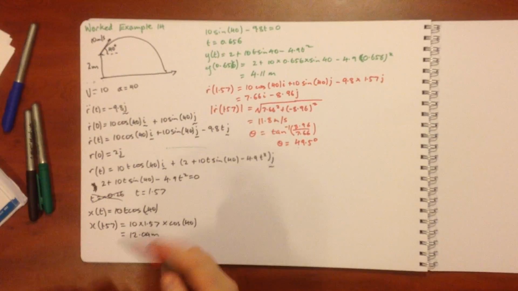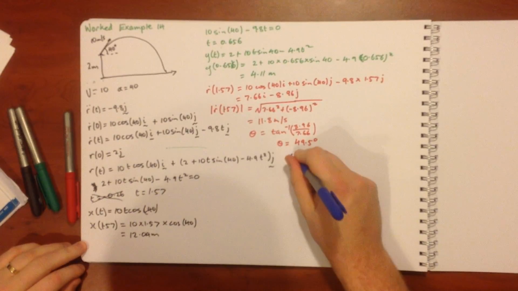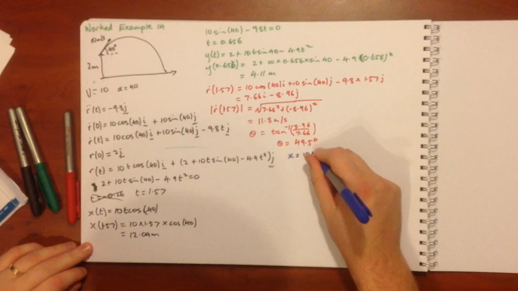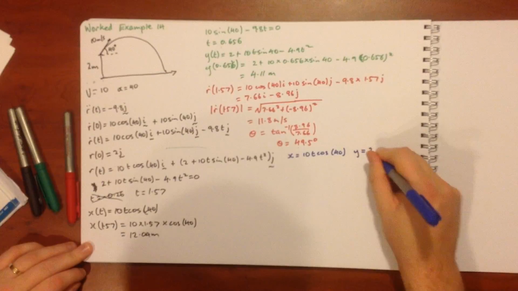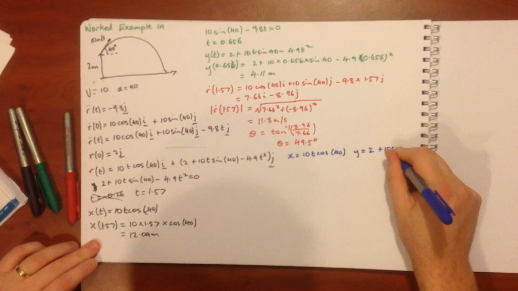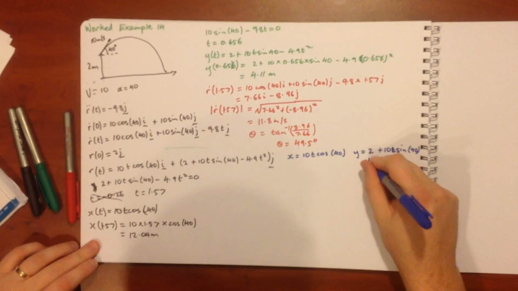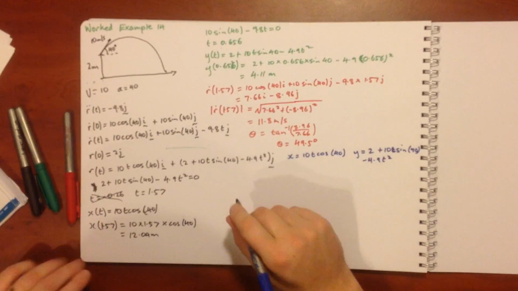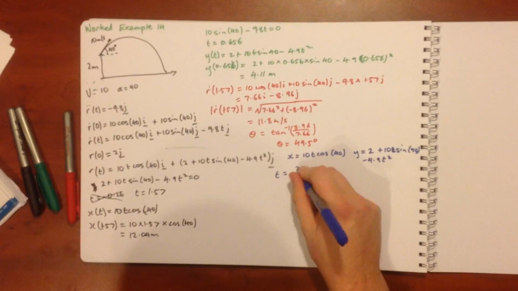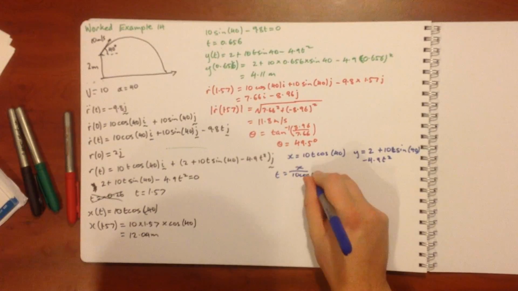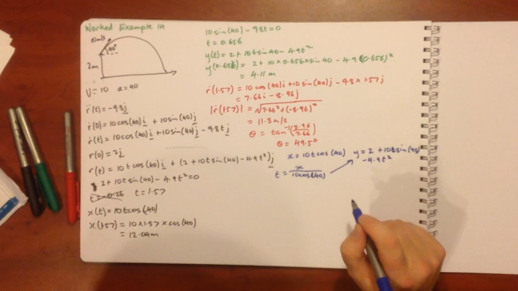So what we'll do, switch colours again, and we say, well, we know our x equals 10t cos of 40, and we know our y equals 2 plus 10t sine of 40 minus 4.9t squared. So we rearrange this one for t, and we say t equals x on 10 cos of 40, and we're going to sub that t value in for y.